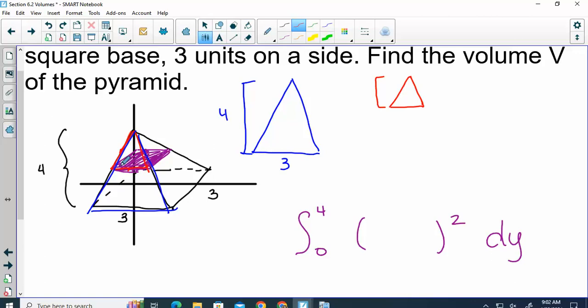So if it starts at 0 and ends at 4, the height of that is like wherever we are on the y-axis. That would be like our y. So if I think from here to here is y, what would from here to here be? It would be 4 minus y. So the height of this is 4 minus y. Because we know the whole height is 4, and the height that you've traveled up so far is y, because you're moving along the y-axis.